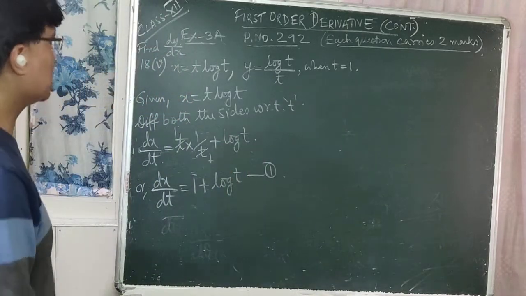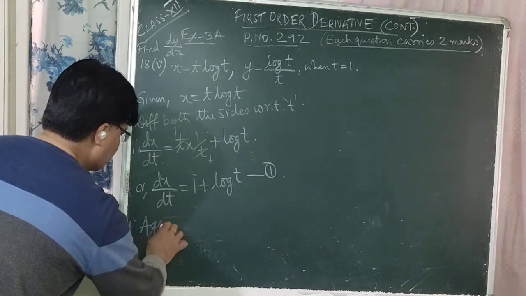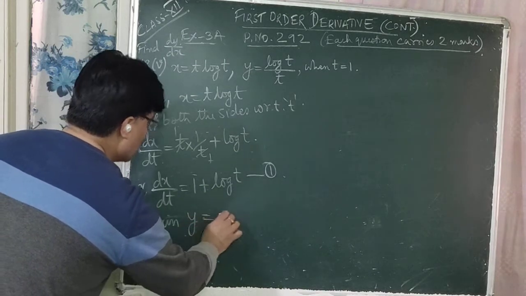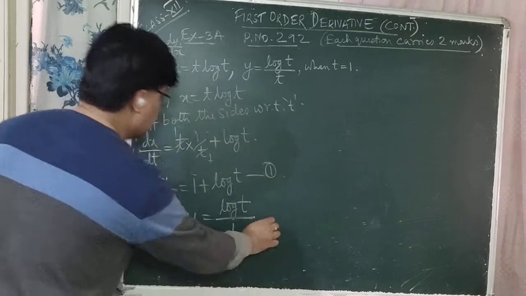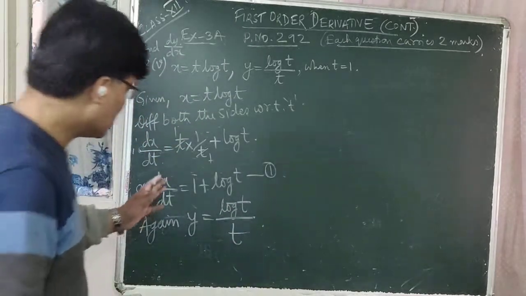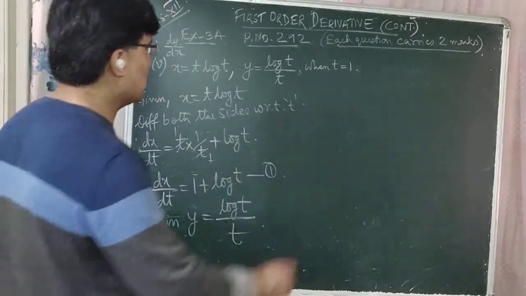Okay? So now we have to find out dy by dt next. Again y is equal to, so what is given here? Y is equal to log t divided by t. So here also y is expressed in terms of t. You have to differentiate both the sides with respect to t again.